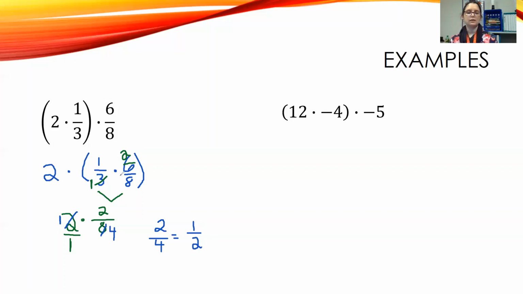Okay, so that allowed us to start canceling our numbers earlier because there's nothing similar between 2 and 3. Now for another one, I'm going to change my grouping, or who my numbers associate with, so that I can multiply my negatives first, and it will give us something easier to multiply the 12 by. So I'm going to change.